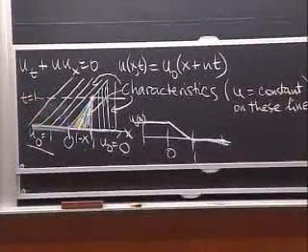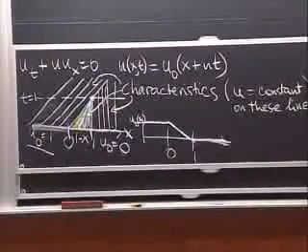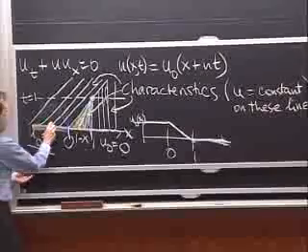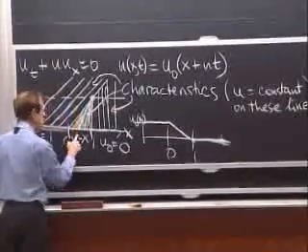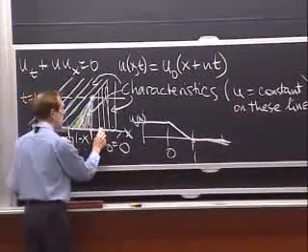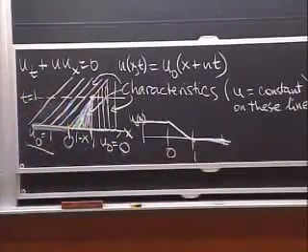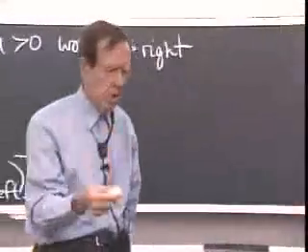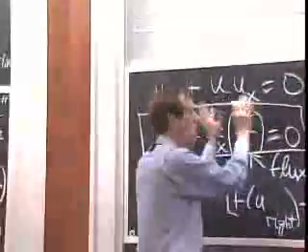So up to time t equal 1, characteristics tell everything. Up to t equal 1, I know that u will be 1 along these characteristics, and u is 0 along all these characteristics. So up to that time, the differential equation is going to be totally okay.